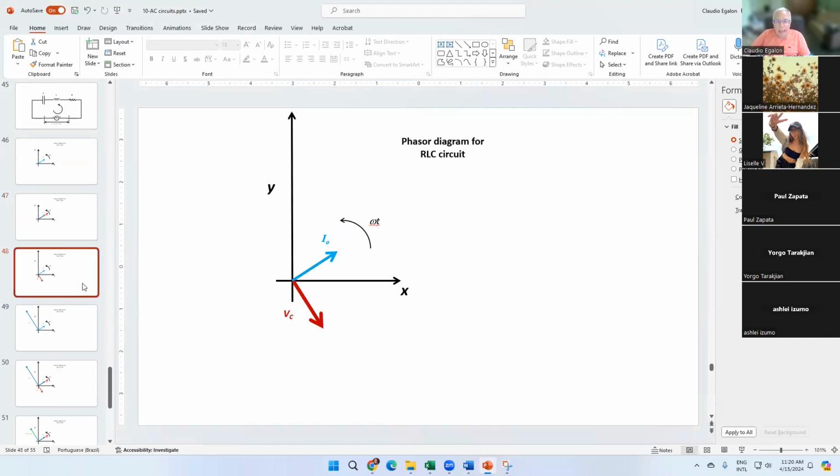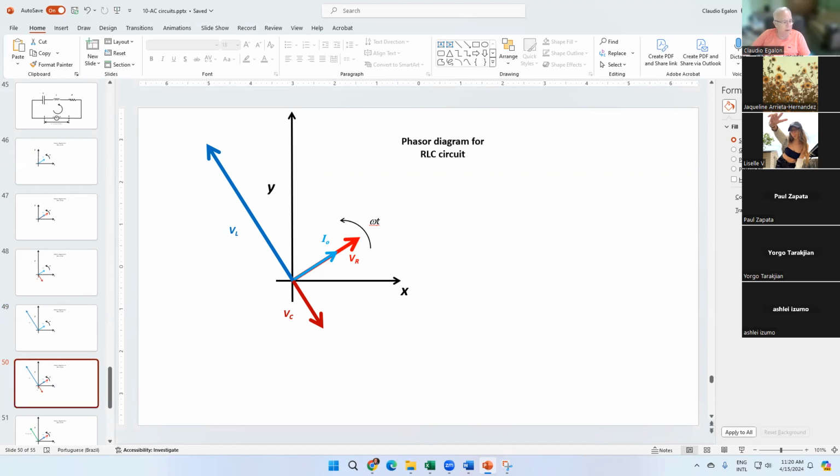And then we add the voltage of the capacitor, which must be lagging the current, and the voltage of the inductor, which must be leading the current. Put everything together in my graph, okay? We get this phasor diagram.